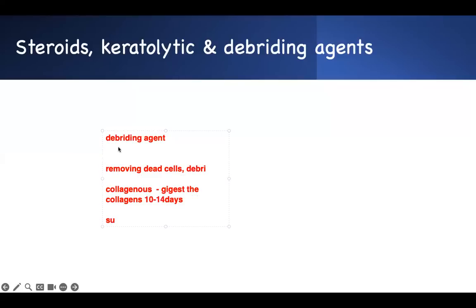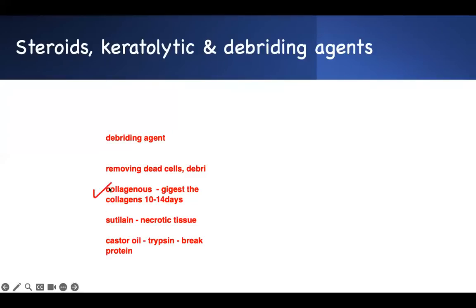Another medication is Santyl. This will take care of all necrotic tissue. We destroyed all of them. Castor oil is also one of the debriding agents. It contains trypsin that breaks down protein, and it eats away all the dead tissue. Just be able to recognize it.